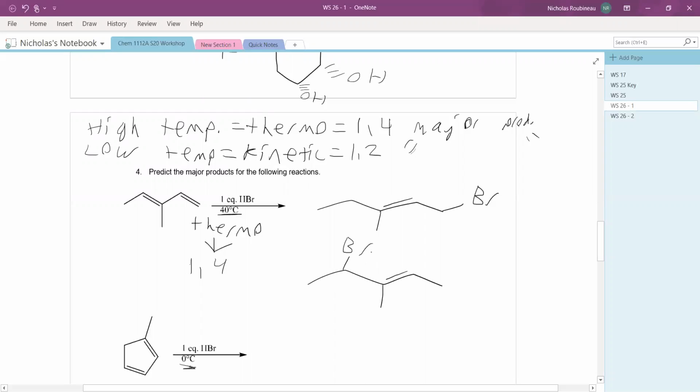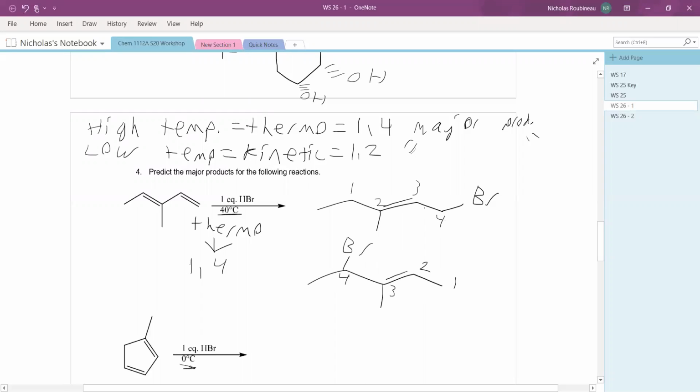So these are the two products, and this would be the 1,4 product if we were reacting with the alkene on the left, and then this one would be the product from the alkene on the right reacting, because of the way it's numbered.